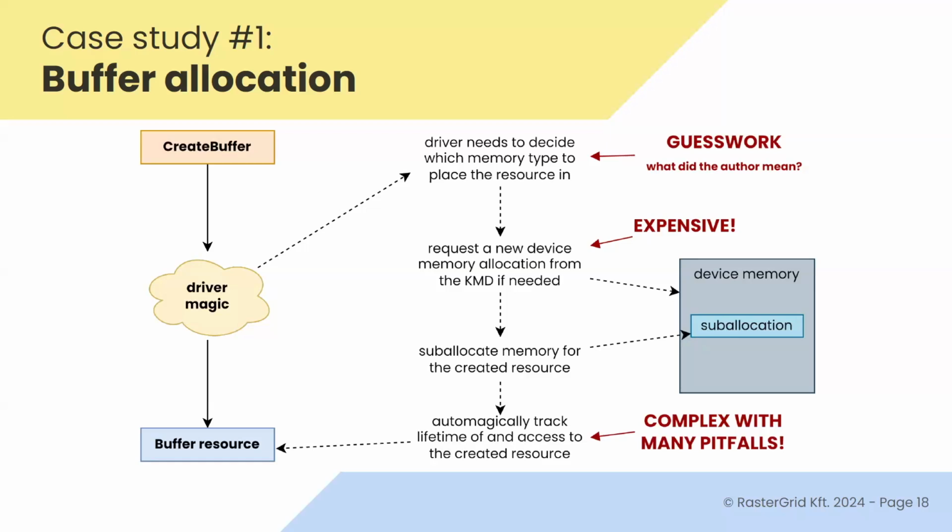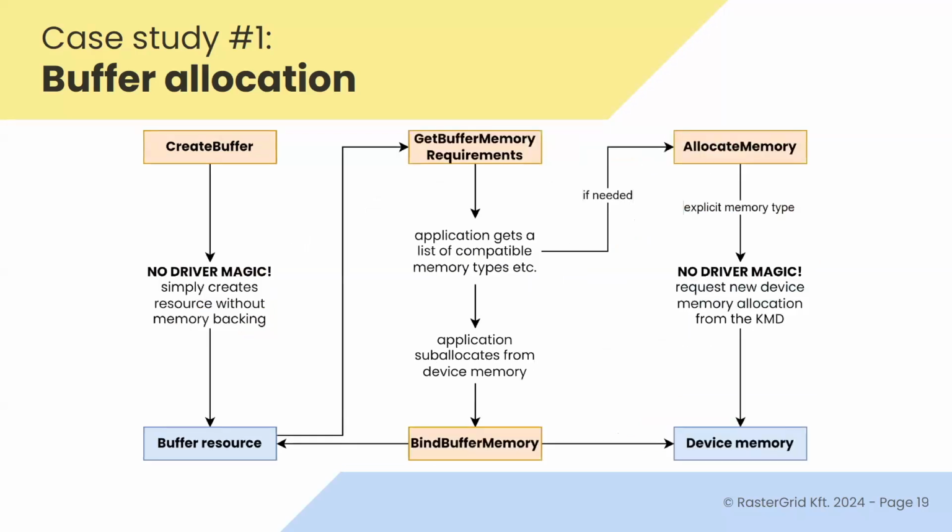And that already causes a problem. The effective real memory use of your application could be much larger than what you think based on your resources. And in general, there's just automatic management of the lifetime of the created resource, which again requires the driver to make decisions for you that may not align with your particular application.